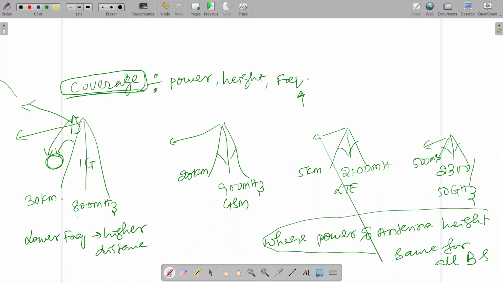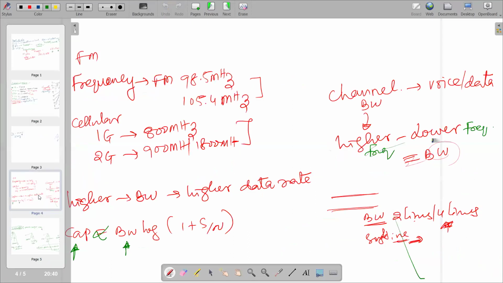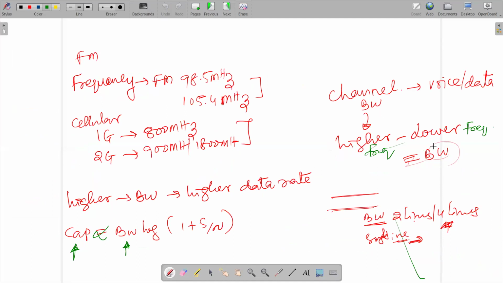Right, so here frequency, bandwidth and frequency channel, these three are right. Frequency is in megahertz and gigahertz, whereas channel bandwidth is derived from the frequency.